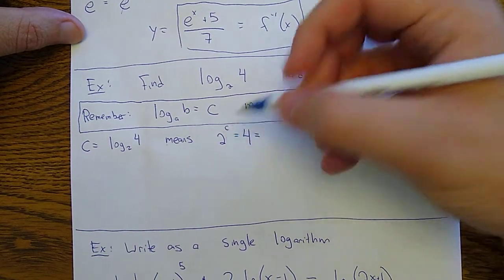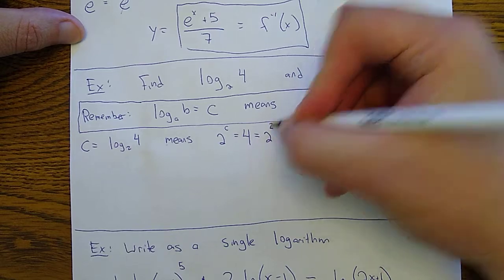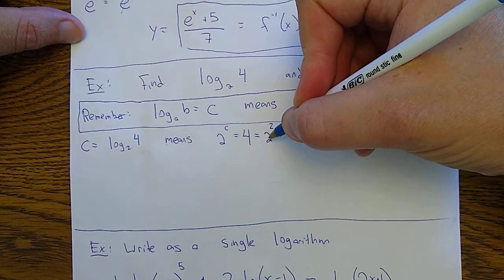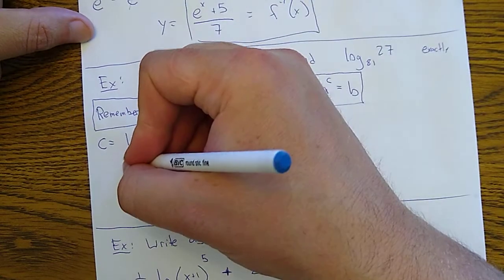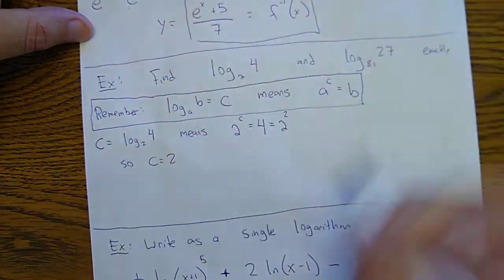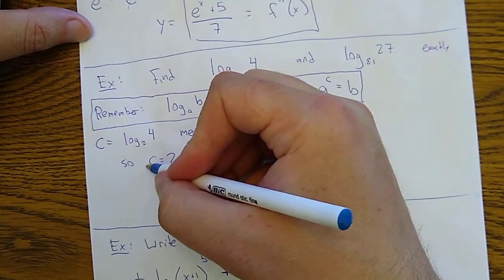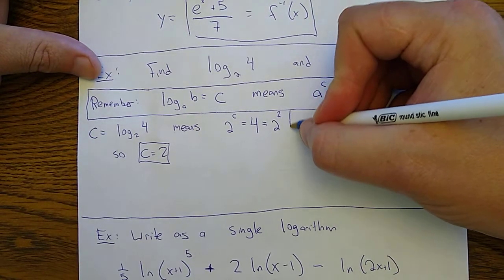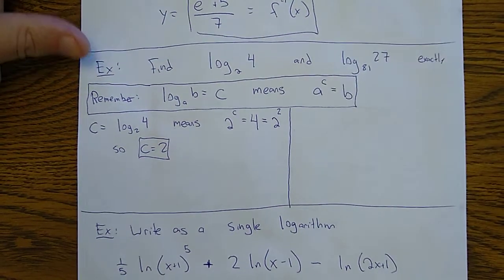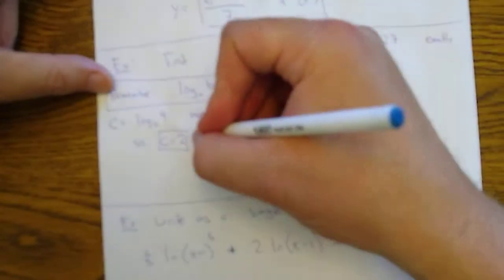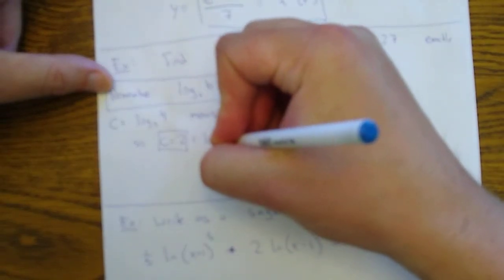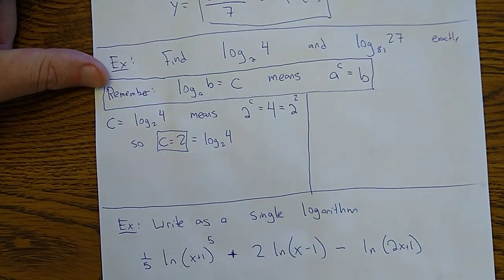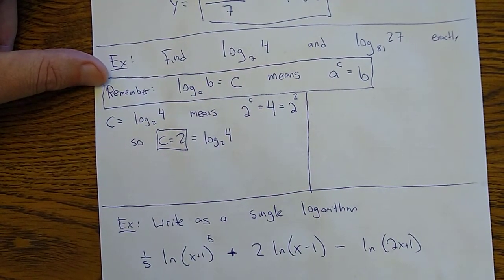Luckily, 4 is already a power of 2, so 2 squared. And now if I want 2 to the c to be the same as 2 to the 2, then c should just be 2, right? And yeah, let me just make it clear. That's log base 2 of 4, right? Log base 2 of 4 is c, and we just figured out that that's 2.